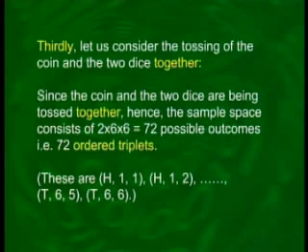Now, if they are being tossed together, then according to the rule of multiplication, our sample space consists of 2 into 6 into 6, that is 72 possible outcomes, and these are 72 ordered triplets of the form H11, H12, H13 and so on, and students, the second last one will read T65 and the last one T66.